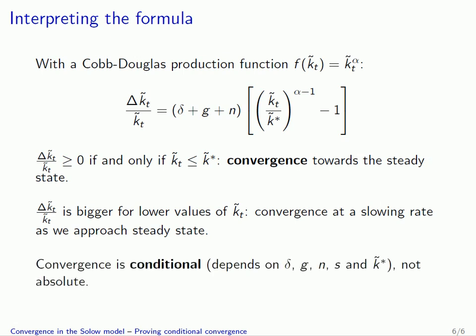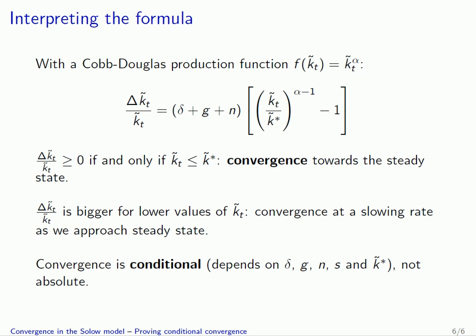As k tilde t becomes bigger and bigger and closer to k tilde star, then it will move slower and slower. One last thing which is really important in terms of interpretation is the fact that convergence is conditional and not absolute. It is conditional because the convergence, this whole formula, depends on delta, g, n, s, and k tilde star.